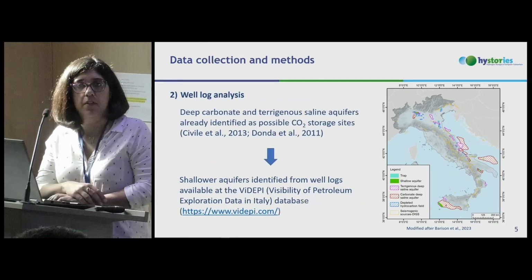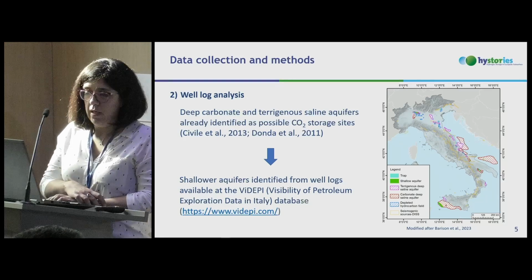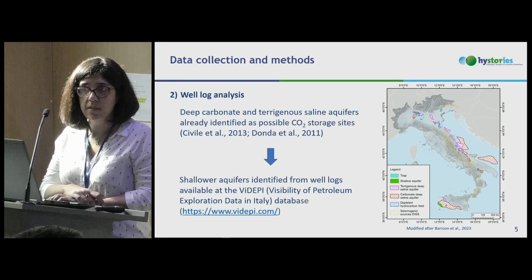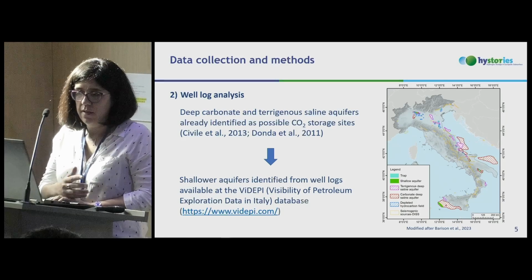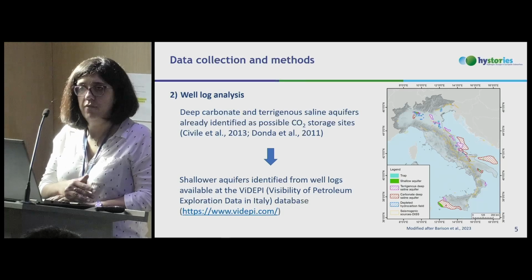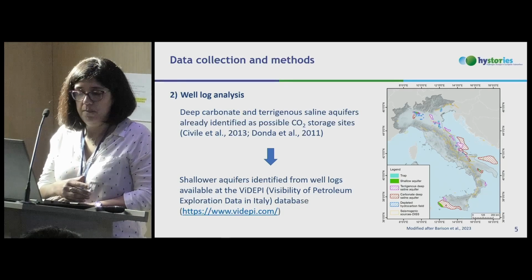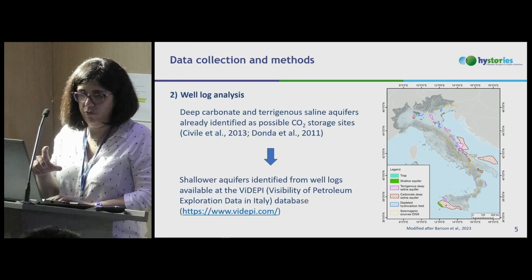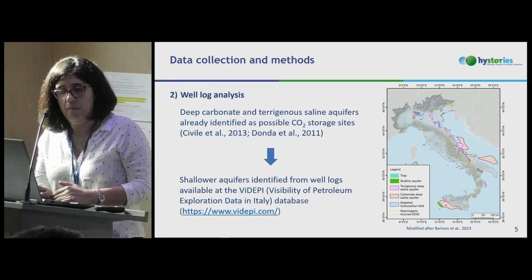Then, starting from these deep saline aquifers, we analyzed some well-log stratigraphies to identify potential shallower aquifers, since, as said, for hydrogen the minimum depth is 500 meters, while for CO2 the minimum depth is 800 meters. So we have to fill this gap. These stratigraphies are taken from the VIDEPI database.